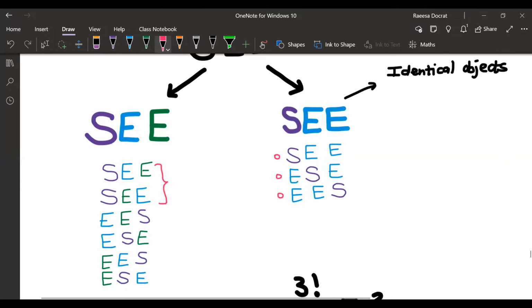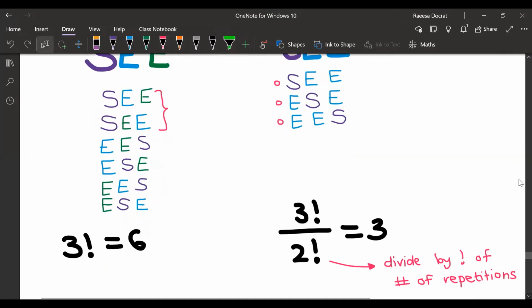And then how we count for them is we divide by the number of repetitions of the identical item. So in this case, we calculate the numerator by arranging all 3 letters, and then we divide by the number of repetitions of identical letters.